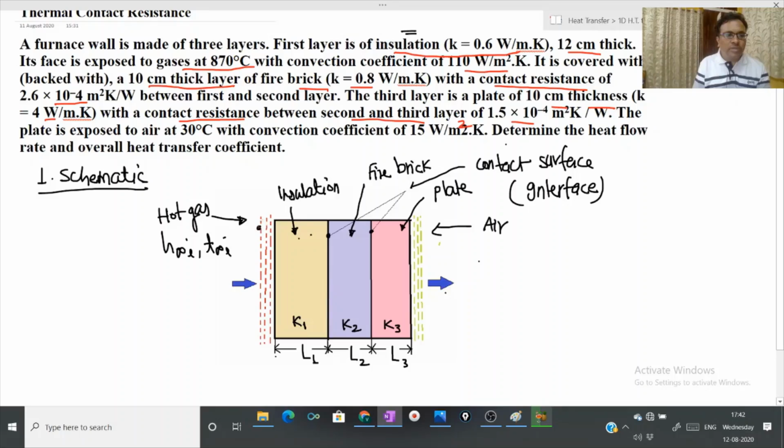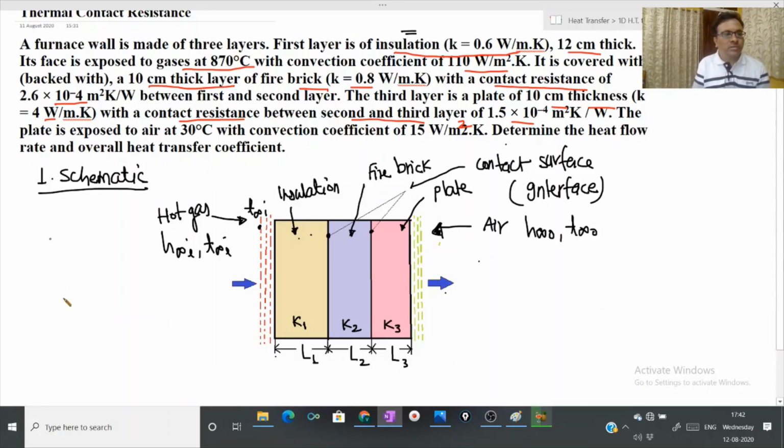This temperature is indicative of the temperature of the hot fluid. Likewise, the convective heat transfer coefficient of the cold fluid, air, is h infinity o and its temperature is T infinity o.